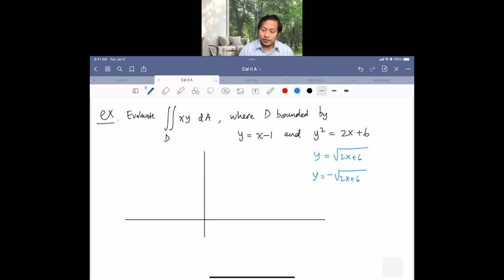But of course, if you see y squared, my suggestion is to take the function of y. So we can take x, or 2x equals y squared minus 6, and x is y squared minus 6 over 2.